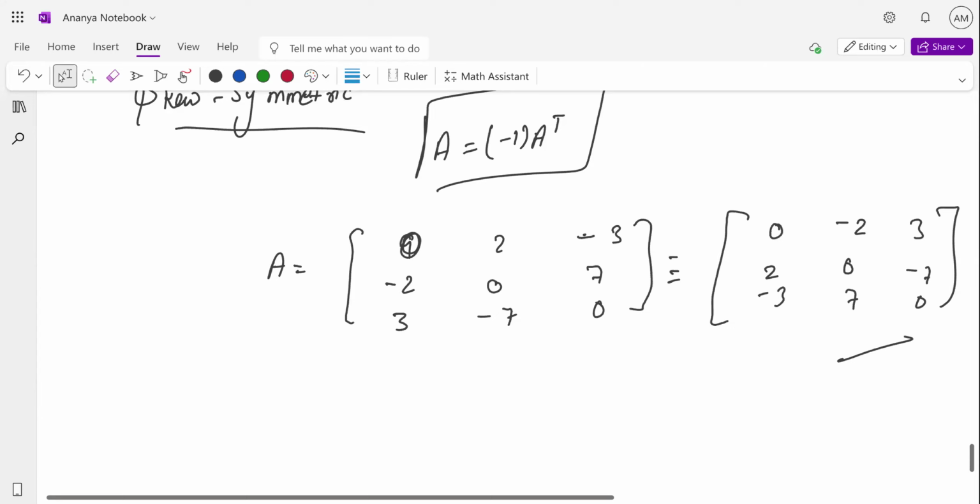8 to the power n is... In this chapter, basically, you don't know the PNC, permutation and combination, right? No, sir. That's the problem actually.